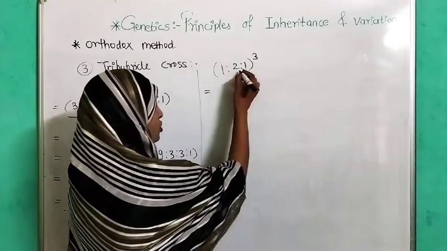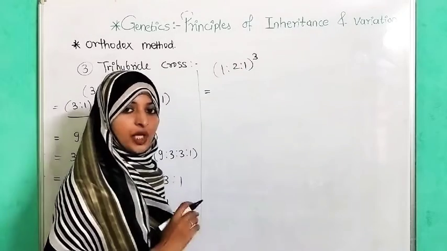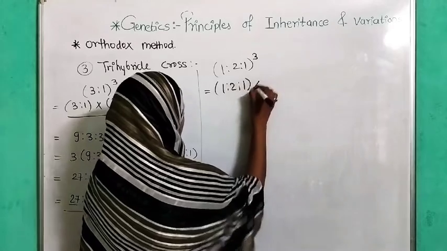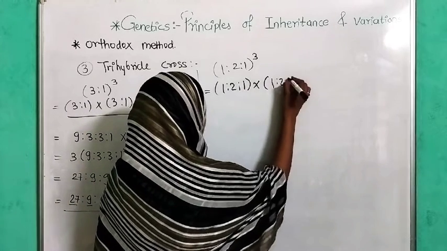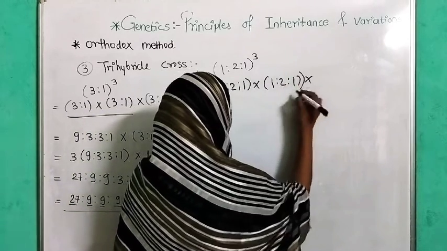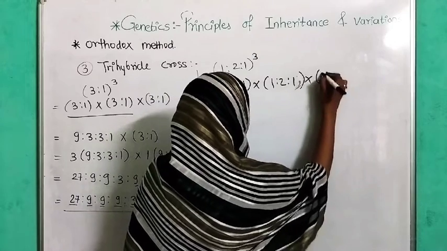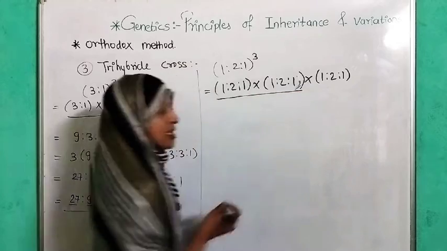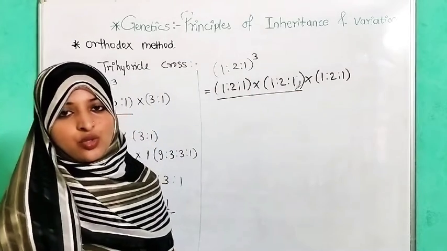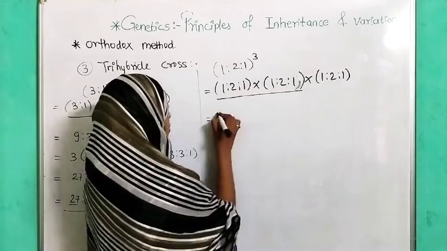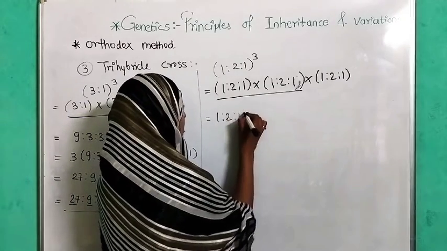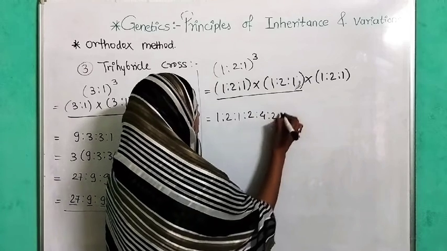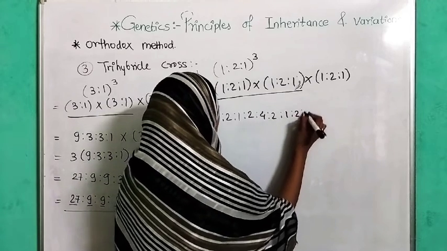Now about the trihybrid cross genotypic ratio. 1:2:1 raised to 3 means 1:2:1 into 1:2:1 into 1:2:1. But we know the value of 1:2:1 into 1:2:1, that is 1:2:1, 2:4:2, and 1:2:1.